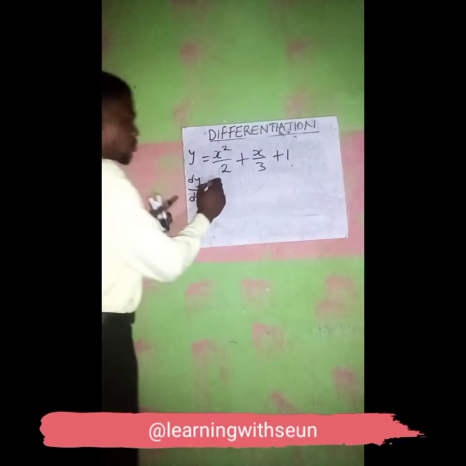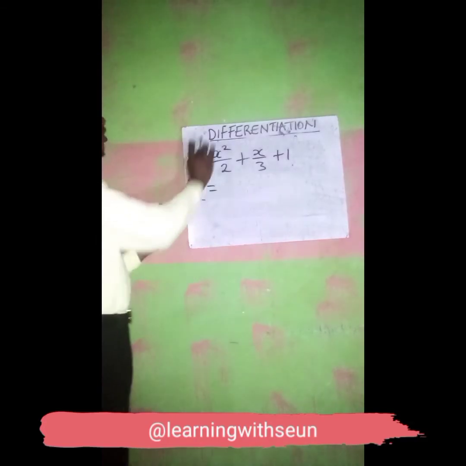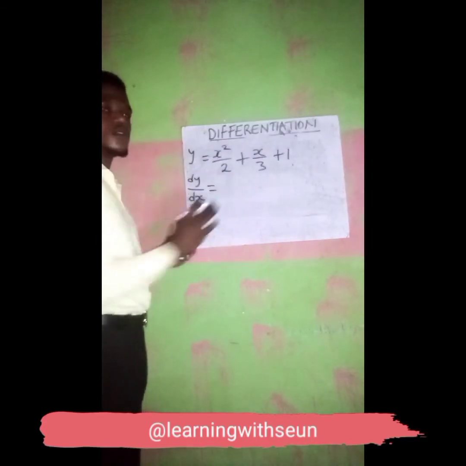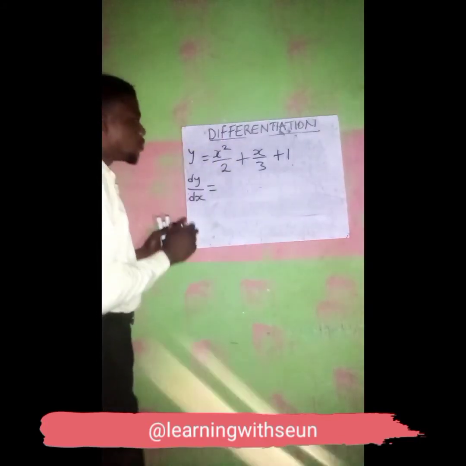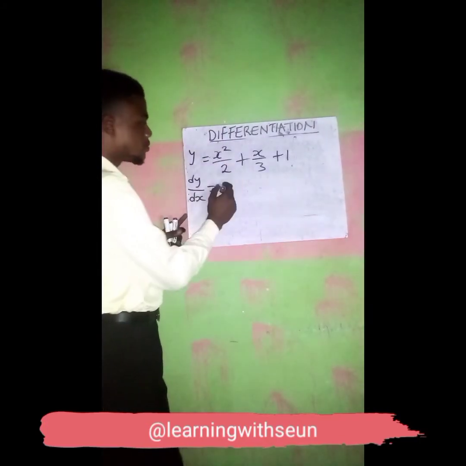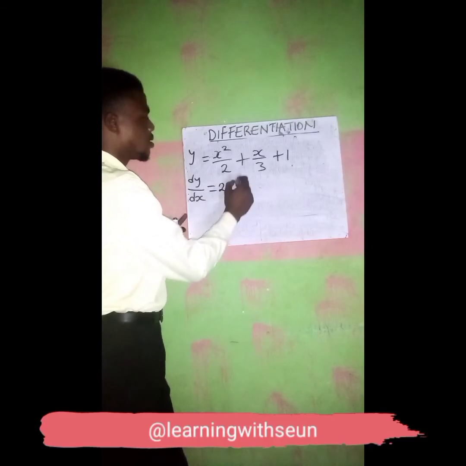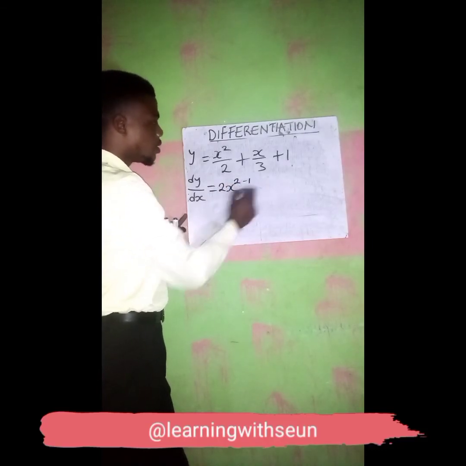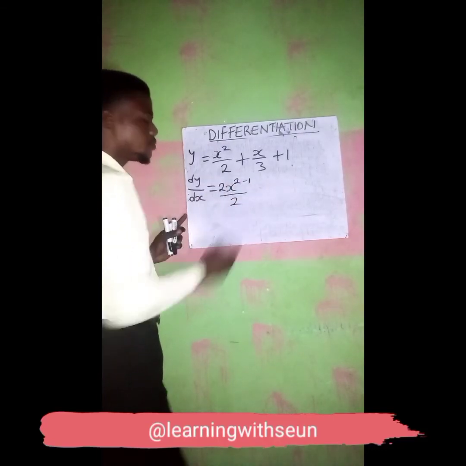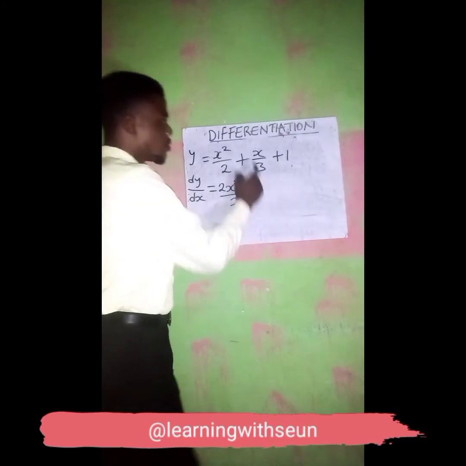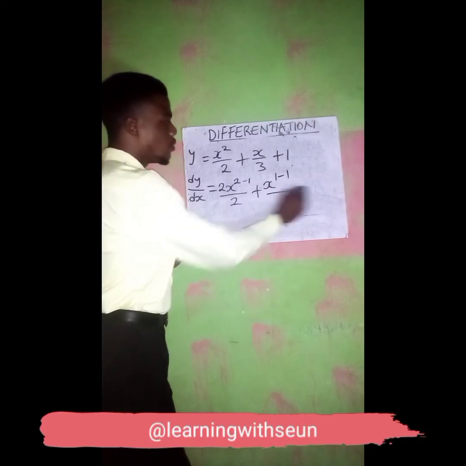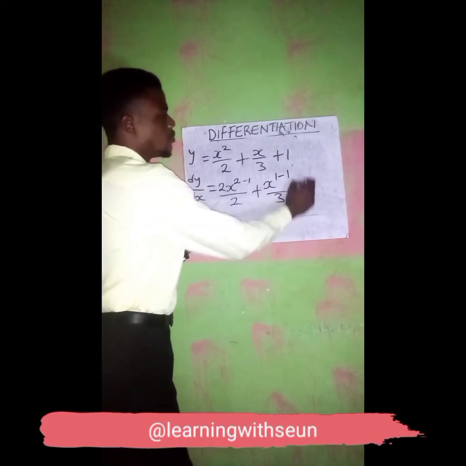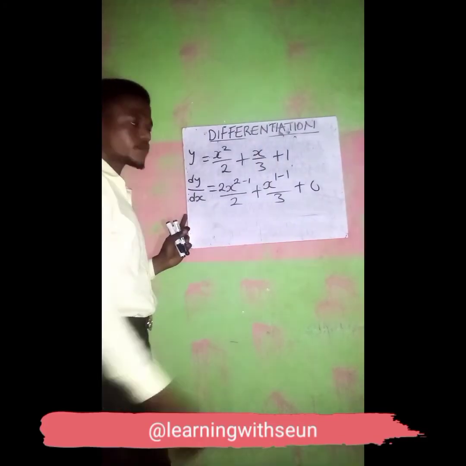Because you will differentiate the numerator, and the denominator you will leave. You must not differentiate the denominator. So from here, 2 multiplied by 1, that's 2x raised to the power of 2 minus 1 all over 2, plus x raised to the power of 1 minus 1 all over 3, plus 0.